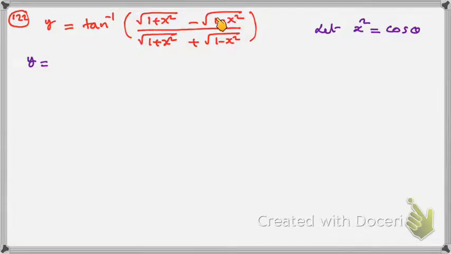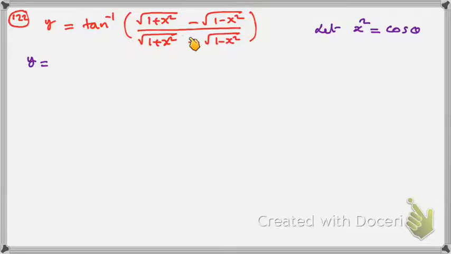Both 1 plus cos theta and 1 minus cos theta have half angle formulae. 1 plus cos theta would become 2 cos square theta by 2, and 1 minus cos theta would become 2 sine square theta by 2.